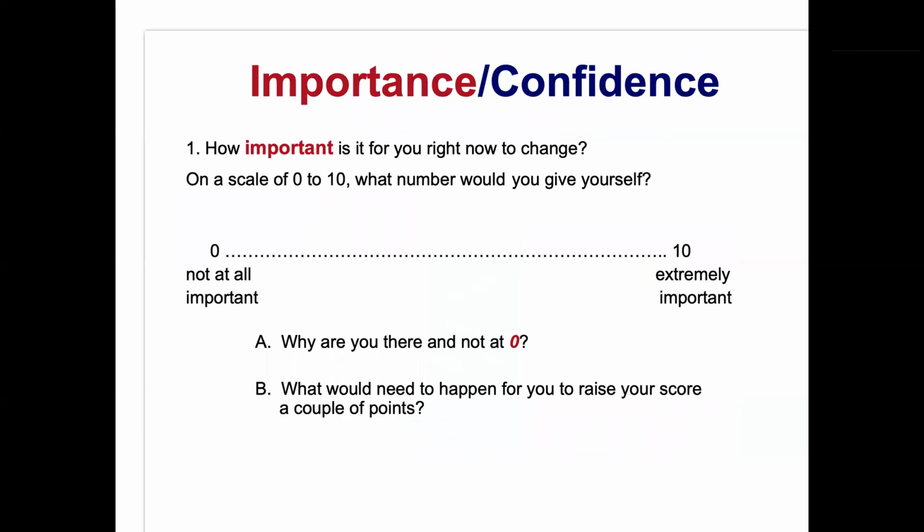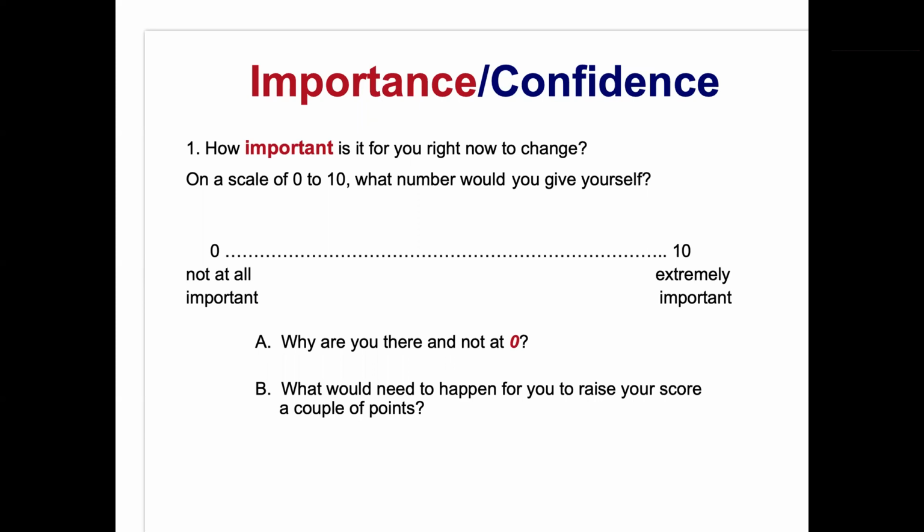There are three questions for each component of the importance, confidence, credibility scaling. First, we obtain a number reflecting current status regarding importance, confidence, or credibility. Second, we ask the downward question, which communicates both acceptance of the patient's readiness state and also elicits change talk by asking the client to utter words of problem identification and concern.